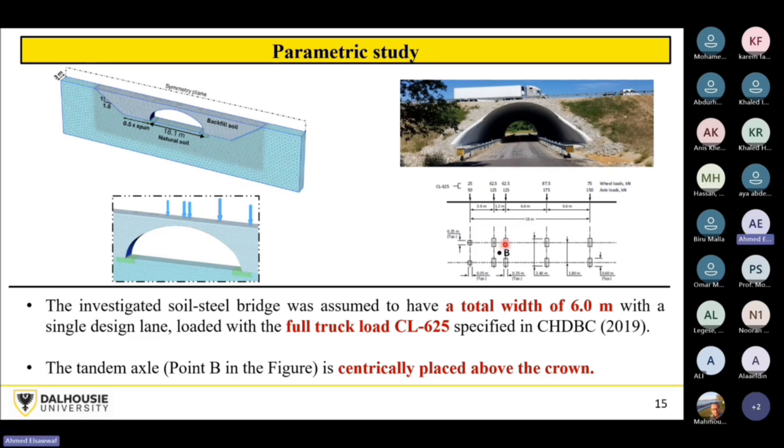It's just one static load. We are placing the truck such that the center of this tandem axle is placed here over the crown. This would have the largest effect on the structure if you want to consider the live load design.